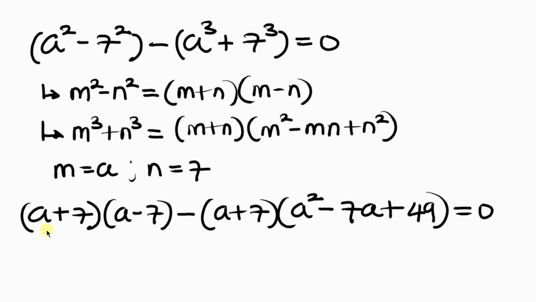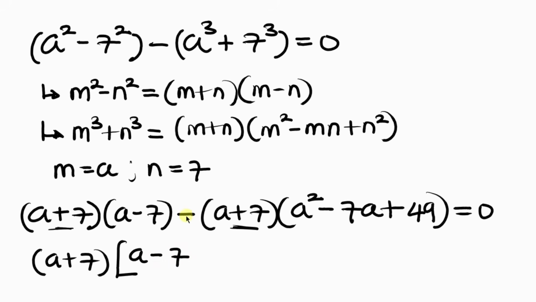Now notice that a plus 7 and a plus 7 are here, which means a plus 7 is common. So we can factor out a plus 7. Now, because of this negative here, I'm going to put a square bracket. Good. Now, let's factorize. You notice that this is already out, so what is remaining here will be a minus 7.